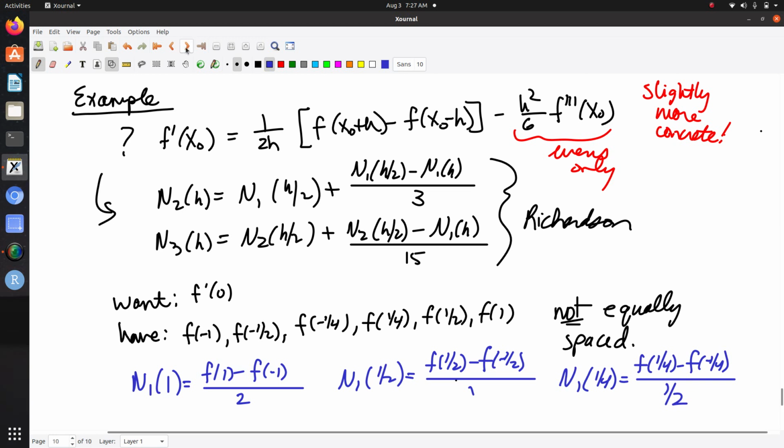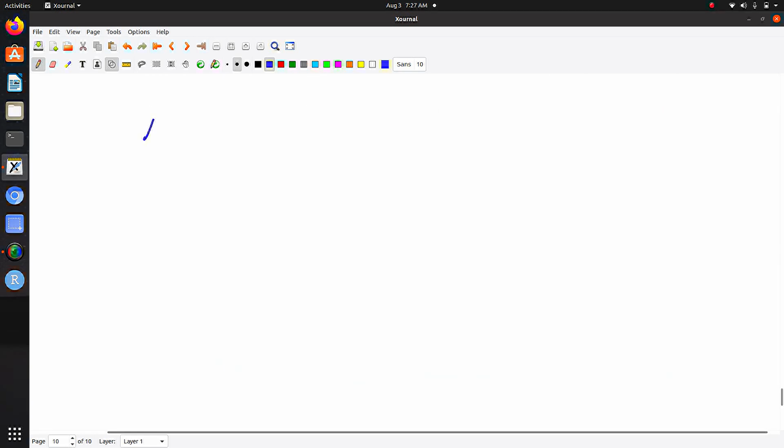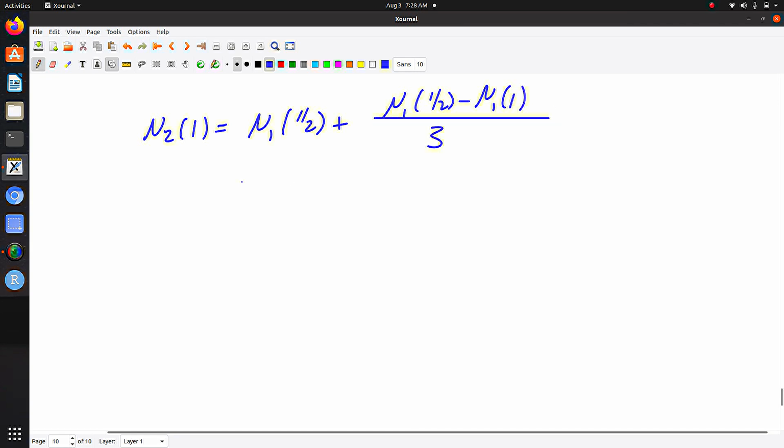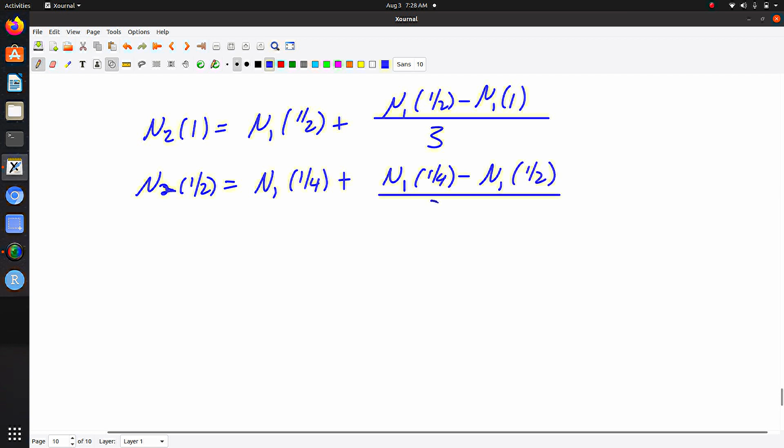Well, then you're going to take that, and the Richardson says n2 of 1 is going to be n1 of 1/2 plus n1 of 1/2 minus n1 of 1, all over 3. And then this is not hard to code. This is hard to derive, but it's already derived. So it's just a fun programming exercise now. n2 of 1/2 is n1 of 1/4 plus n1 of 1/4 minus n1 of 1/2, all over 3.